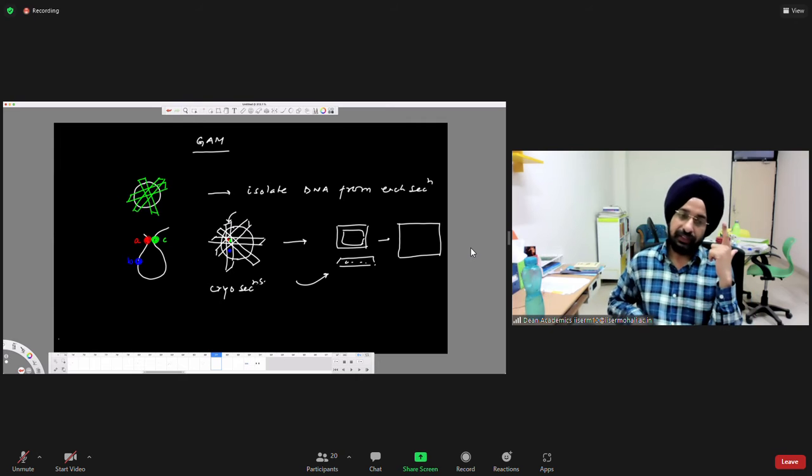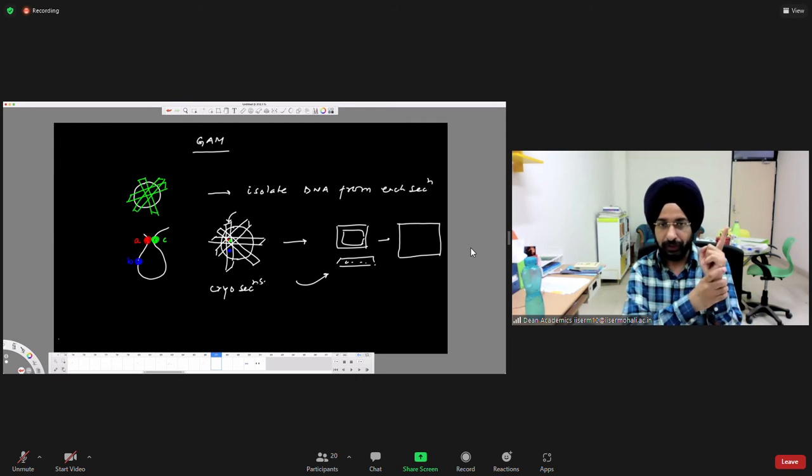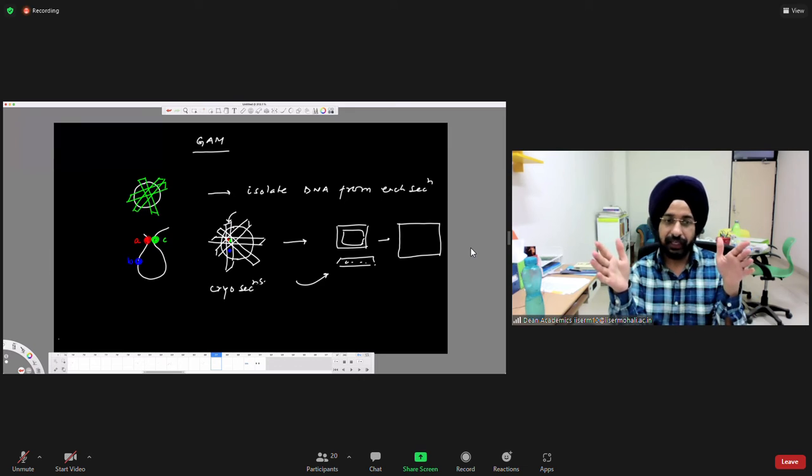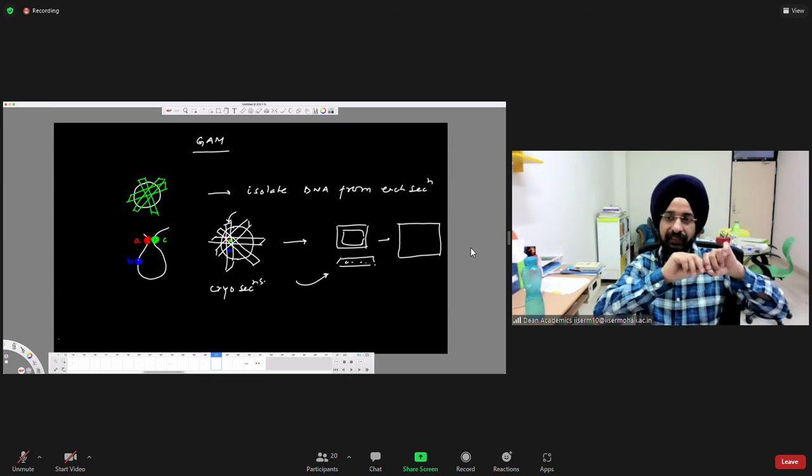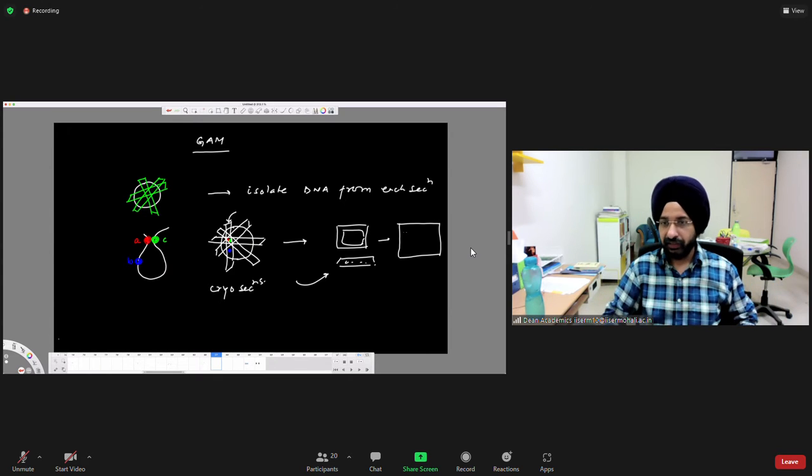But when you compare this data with the Hi-C data, what people observe is, number one, we compared Hi-C versus GAM, and there is no bias towards euchromatin. If you look at the number of reads around this locus, this is your matrix, right? So you take the sum or the average of each column and plot it here. In Hi-C, let's say there was a euchromatin here, and this is heterochromatin.